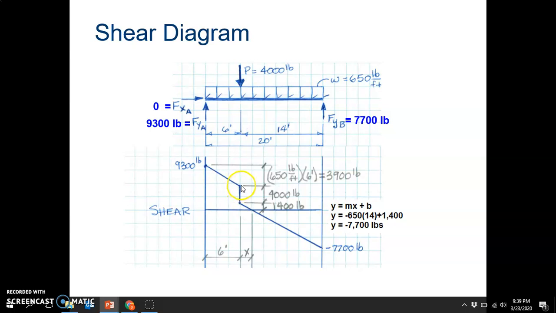Right here is 5,400. And then at that point, I'm dropping down 4,000 pounds. So 5,400 minus 4,000 gives me 1,400 pounds right here. Then I will continue dropping down at 650 pounds per foot for another 14 feet. So if I do 1,400 minus 650 times 14, that'll give me negative 7,700 pounds.